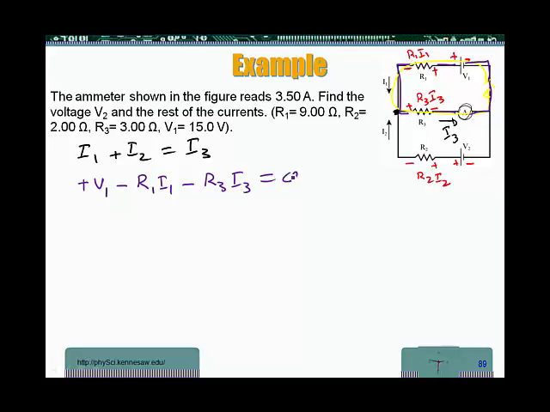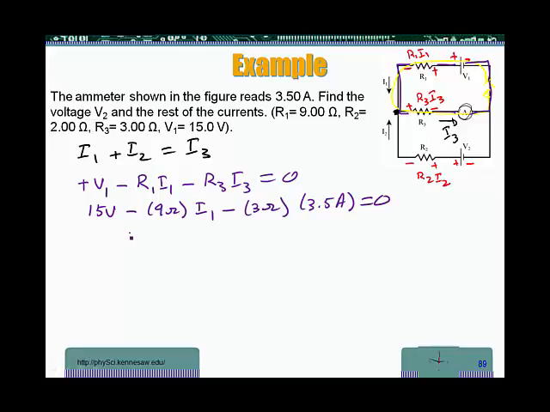Now, if we plug in the values that we know here, we have V1 that's given as 15 volts minus R1, that's 9 ohms, times I1 minus R3, that's 3 ohms, times I3, that's given 3.5 amps, equal to 0. See, this is one equation with one unknown, I1.